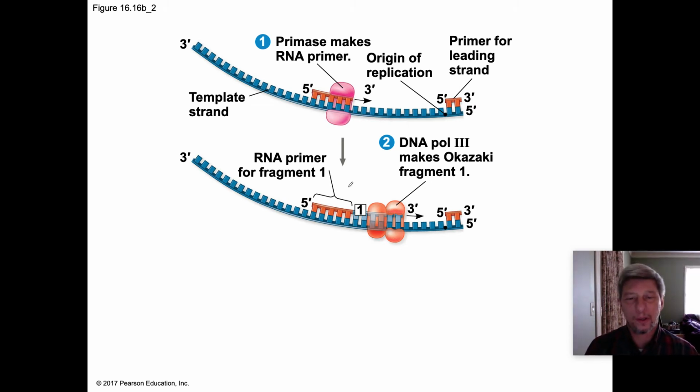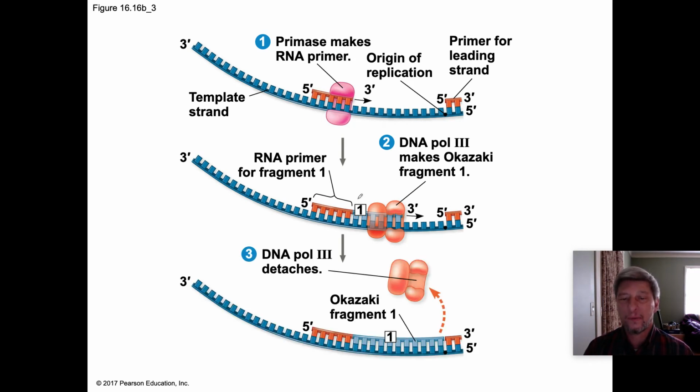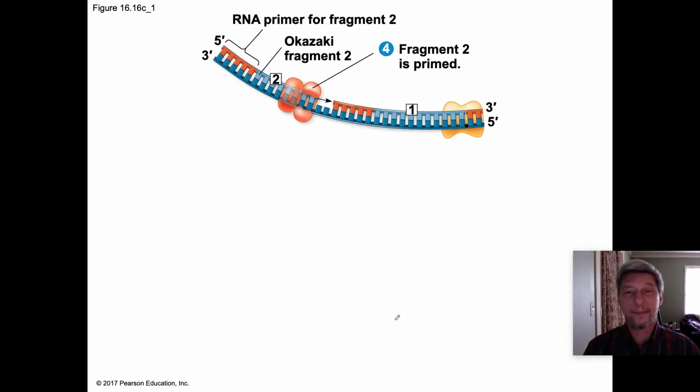After the primer's been attached, we can then have DNA polymerase form this first fragment, and there it is. Then the DNA polymerase is detached, and it'll end up going back over here to the next RNA primer. It'll just keep going back and back and back. And so on the lagging strand, you're only essentially building small fragments of the new strand at a time.